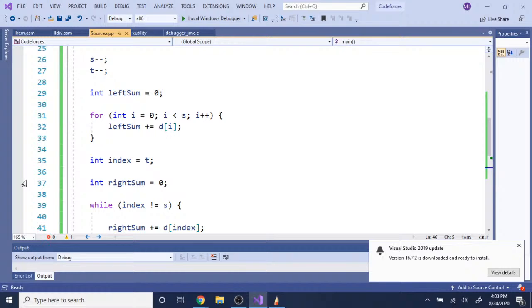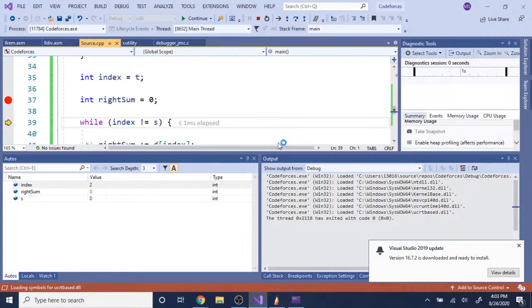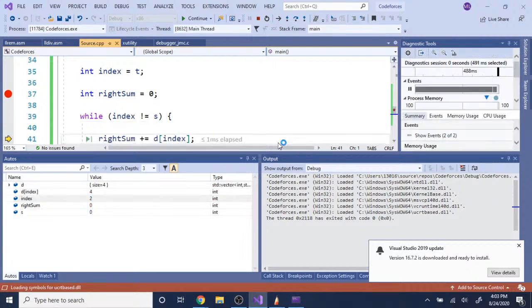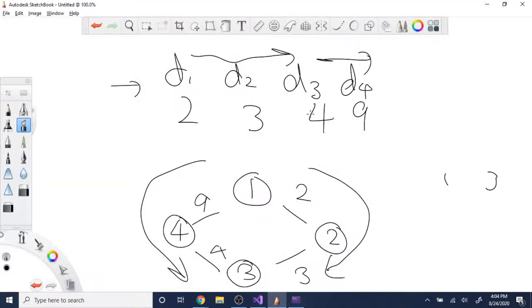Okay. So I think it has to do with right index. Let's see. Okay, so we're at right sum. Right sum at index of 2 is going to be 4. Right sum at index 3, okay, so this is doing 4.